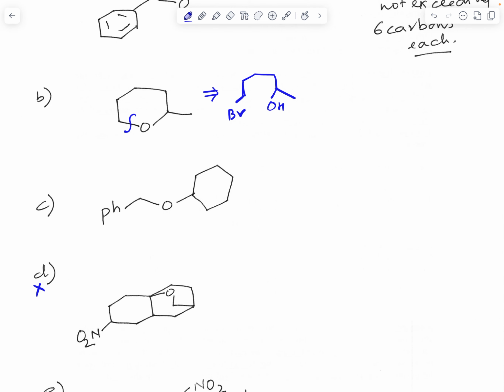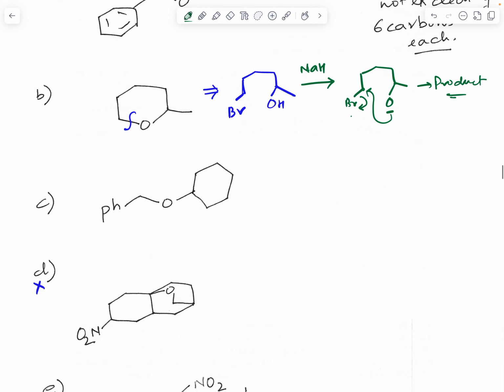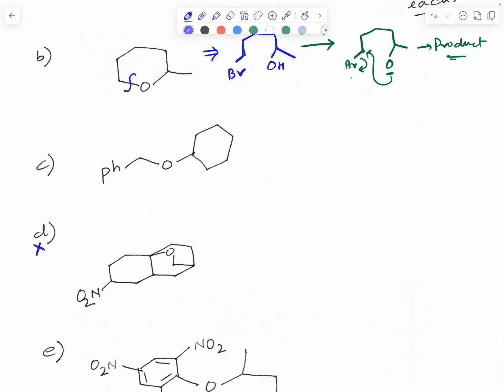Now the synthesis would simply be, if you take this molecule, we add NaH, pulls off the hydrogen, and then this piece just attacks this, goes there, and guess what we get? The product. Pretty straightforward.